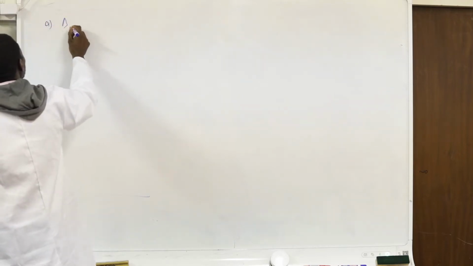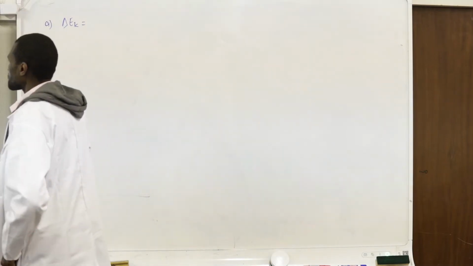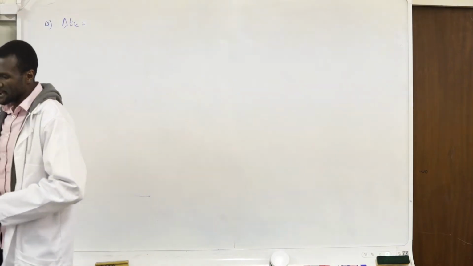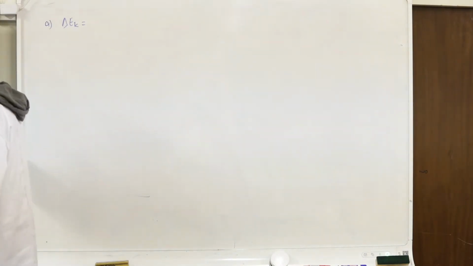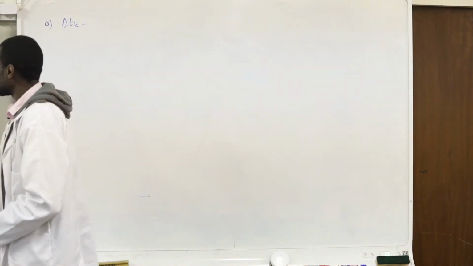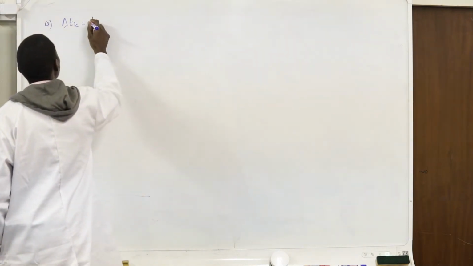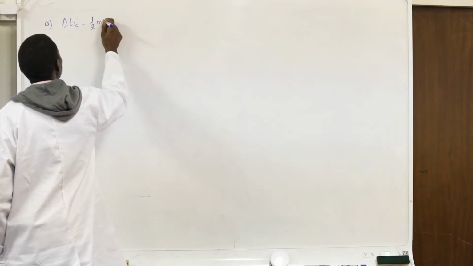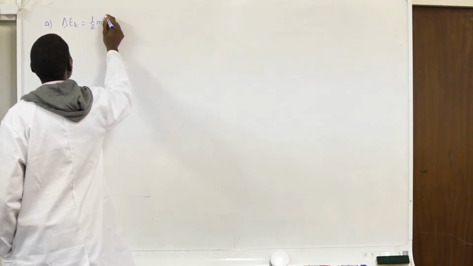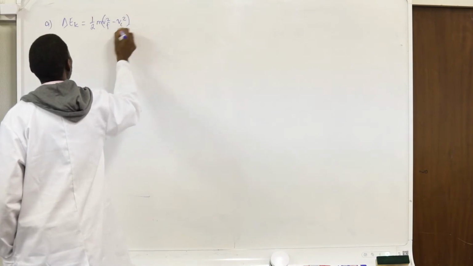A, the change in Ek is equal to... we are given the mass, we are given the initial velocity, we are given the final velocity. In this instance, we don't need to use the distance that it's covering. So the Ek is equal to half mv squared, because the mass is common, v final minus v initial squared.